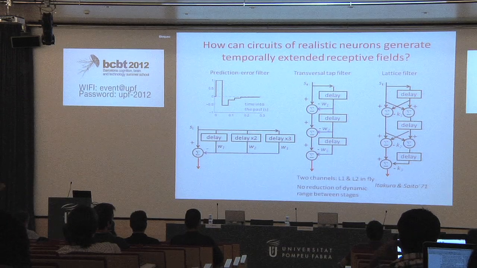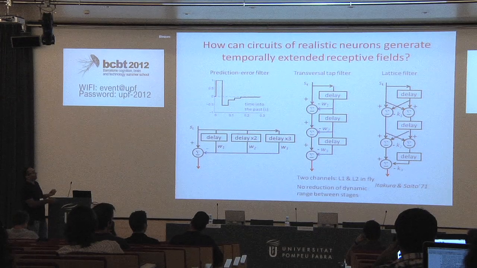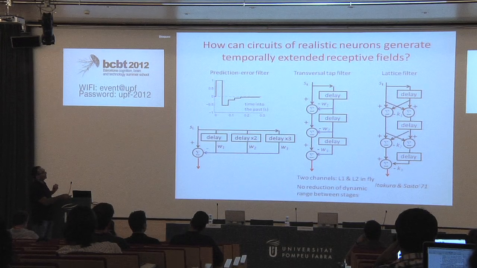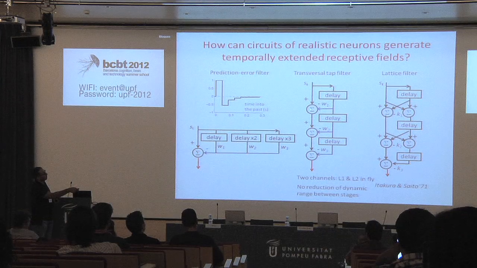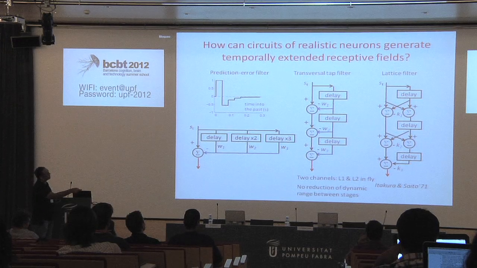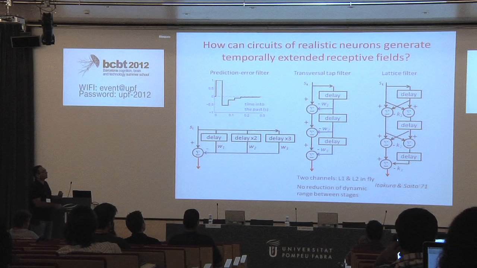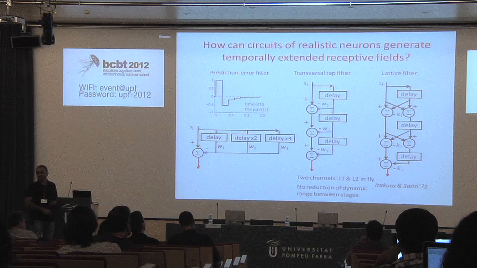There are books written about it, but just briefly to introduce it, the way it's built, it's the same idea of stage-wise subtraction of the prediction. But instead of subtracting the prediction from this pathway only, you also do the reverse. And you subtract this part as a prediction for this signal. And by doing so, you reduce the dynamic range, not just in this pathway, but also in the second pathway.